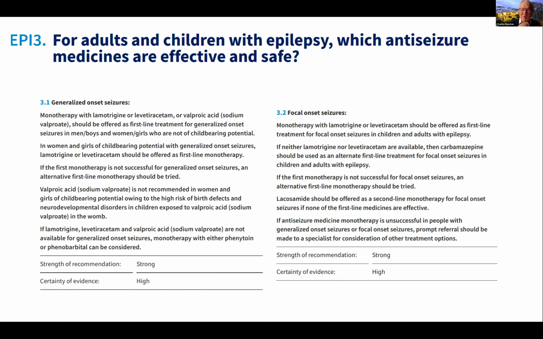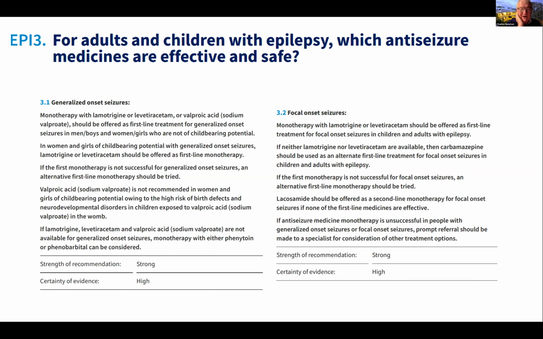The problem with these drugs, lamotrigine, levetiracetam, and valproic acid, sodium valproate, is that they are expensive and not generally available in many district hospitals, only in specialist centers or urban areas. Therefore, if they're not available, then either phenobarbital or phenytoin are the drugs of choice for generalized onset seizures.